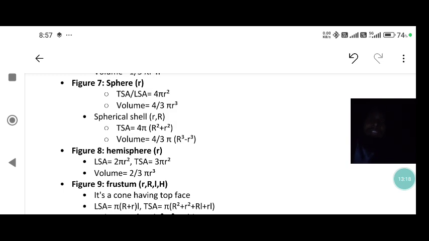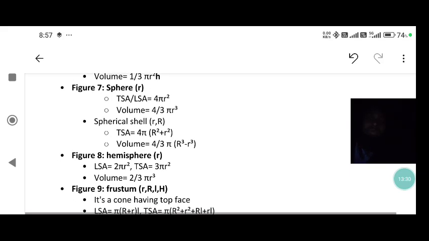In a spherical shell it has a small r radius and a capital R big radius. So the total surface area for a complete sphere is 4 pi r square.